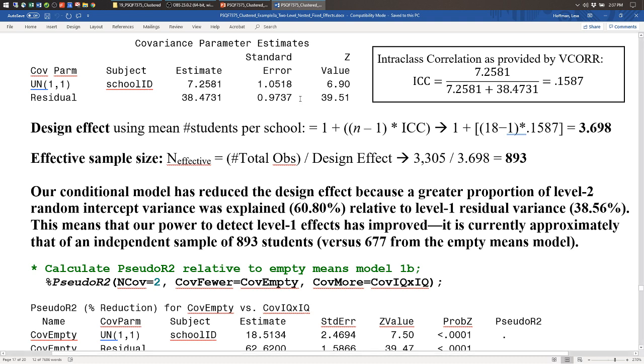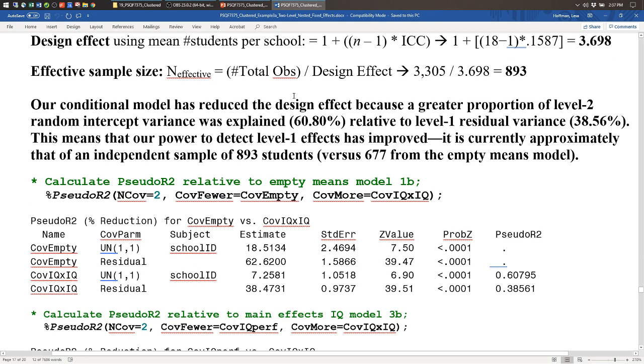So the total pseudo R-square relative to the empty model I gave right here. So of the original 23% that was level 2 school variance, we got 61% of it with our school level predictors. Of the original variation at the level 1 student level, that is 77%, we got 39% of that.